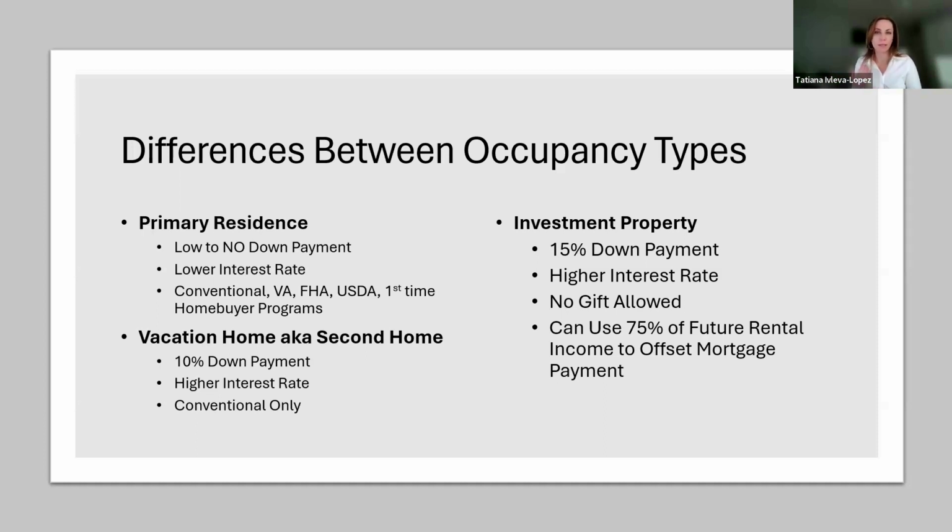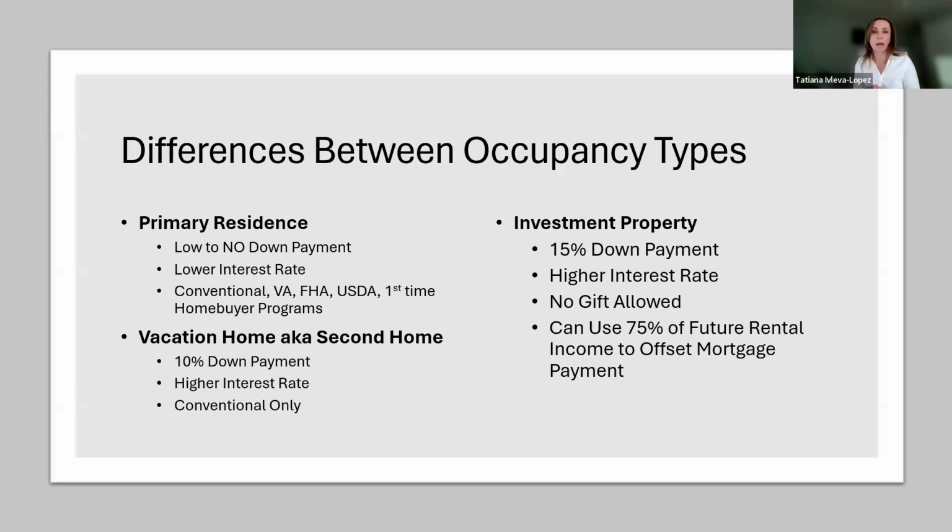We call it debt to income ratio. We look at what percentage of the income will go towards monthly obligations, such as a mortgage payment. So when someone is buying a second home, they have to qualify with that mortgage payment. They have to have enough income to qualify.